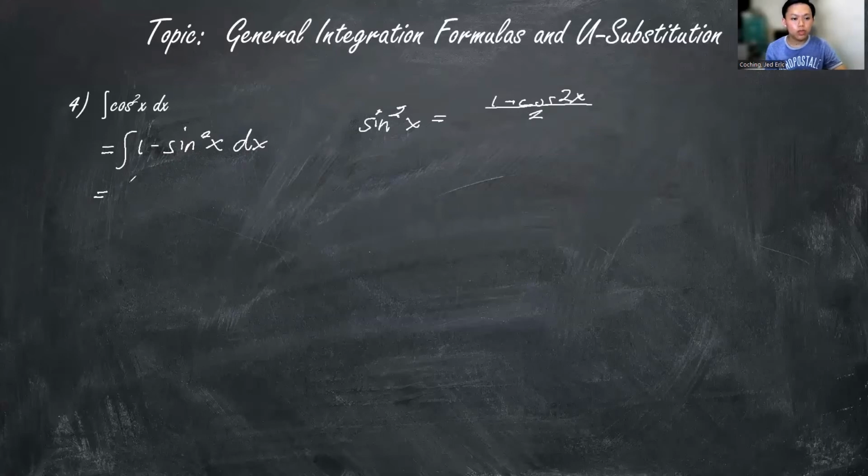So it's going to be 1 minus (1 minus cos 2x divided by 2) dx.